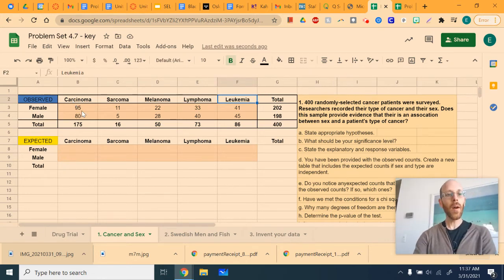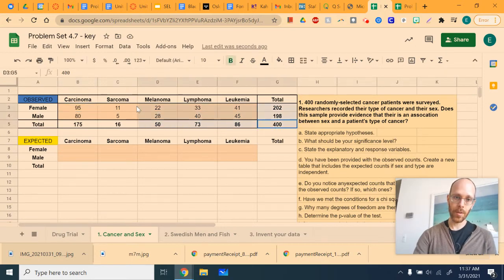All right, so we have gathered a sample of 400 cancer patients. We have recorded their sex and the type of cancer that they've developed, and we've recorded the observed data in this table here. What we're interested in is whether they are independent. So what we need to do is look at what we would expect the data to look like if they were independent.